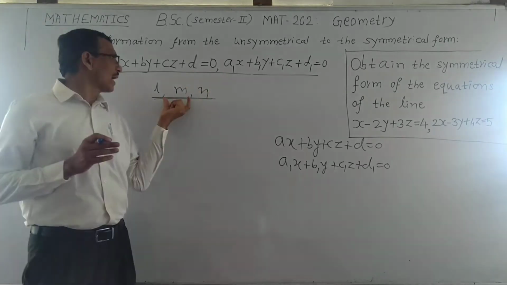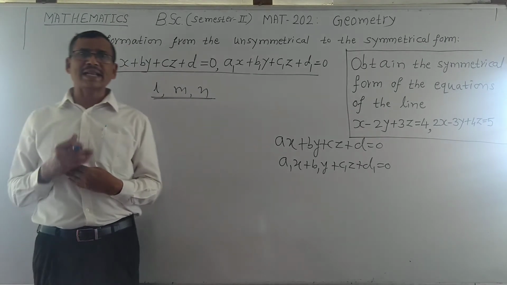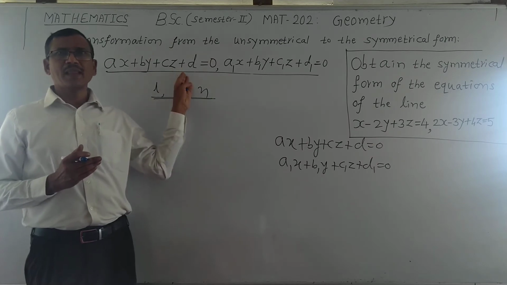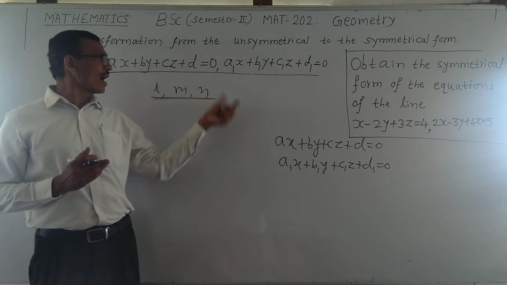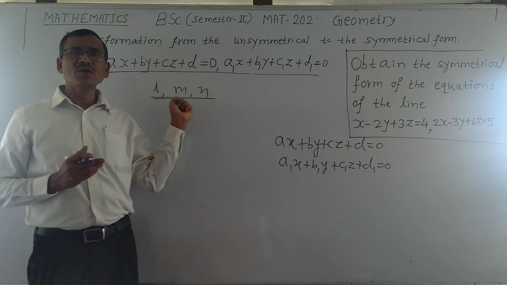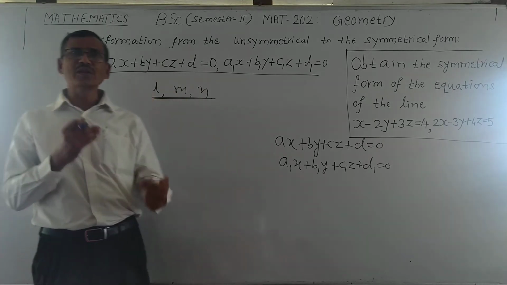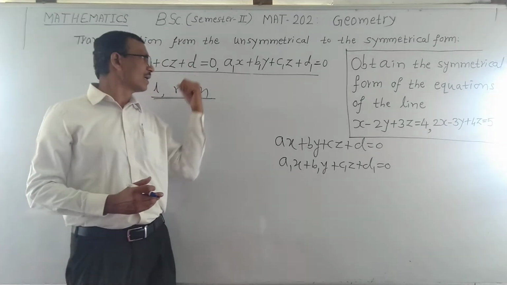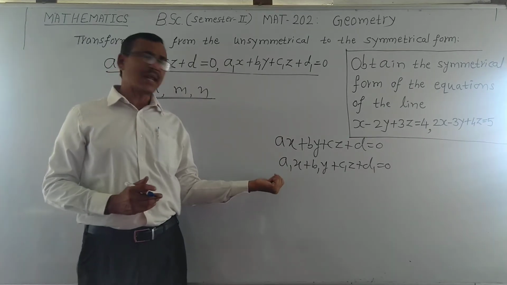We assume l, m, n are the direction ratios of the line, and as the line is formed by the intersection of these two planes, it lies in both the planes.